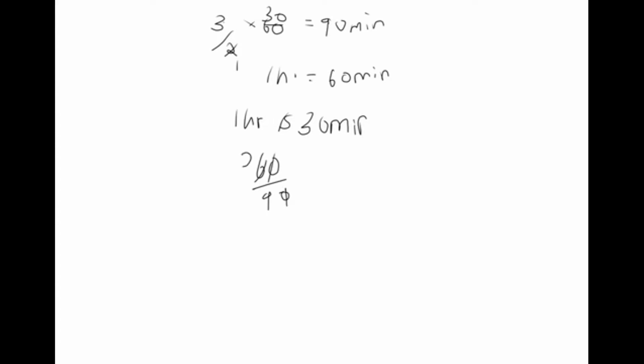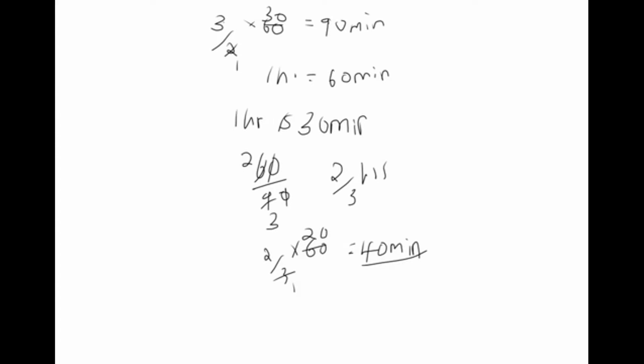By 3, 2. By 3, 3. So we have 2 over 3 hours. These 2 over 3 hours of 60: by 3, 1. By 3, 20. 2 times 20, that is 40. So for the rest of the journey, it took 40 minutes.